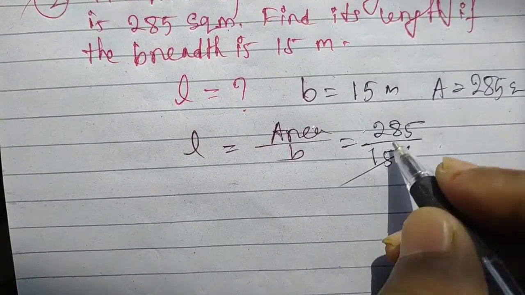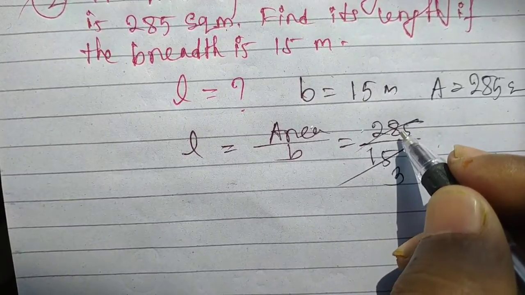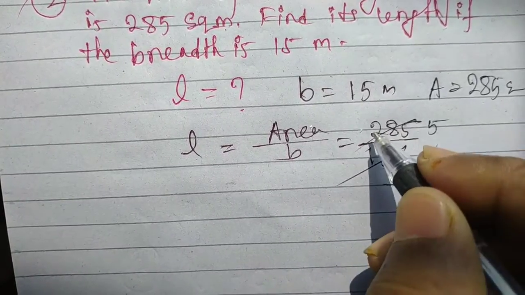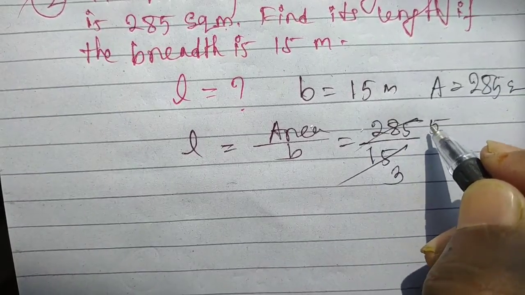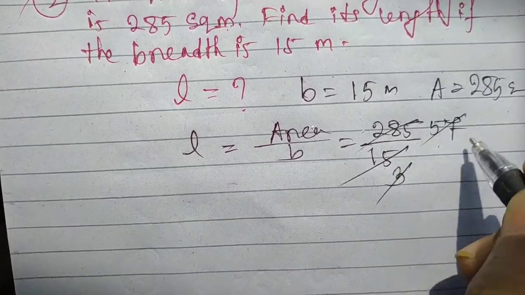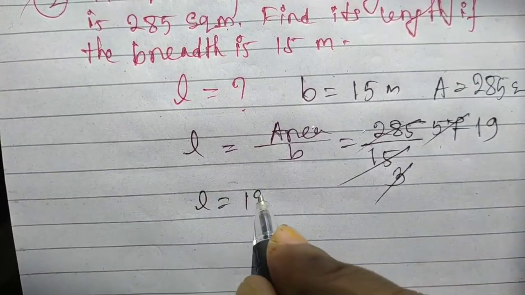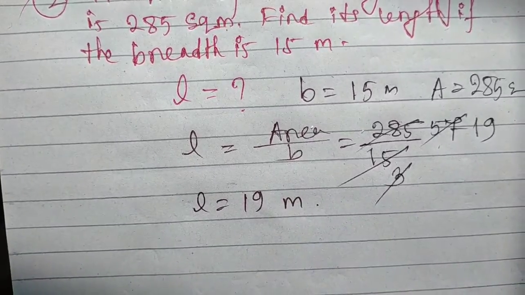Now simply cancel by 5. If we cancel 285 by 5, then we will get 57. Now 3 19s are 57. So length will be 19 meter. Understood everyone?